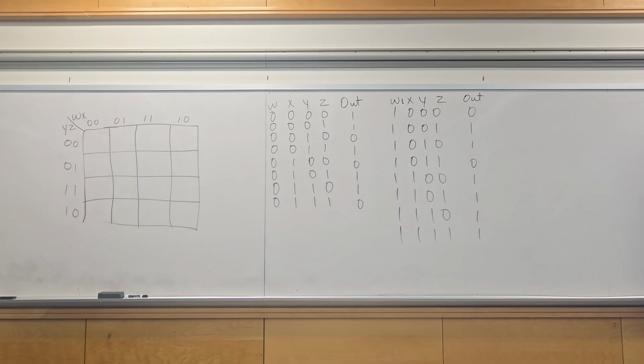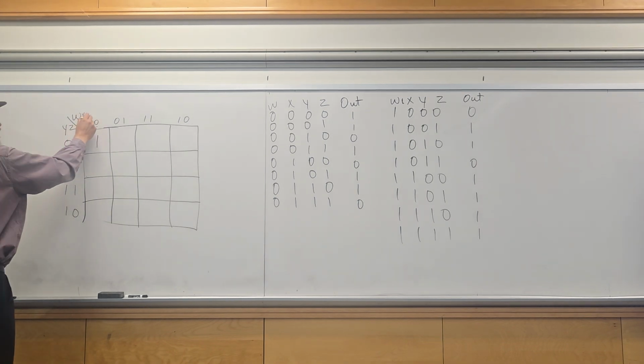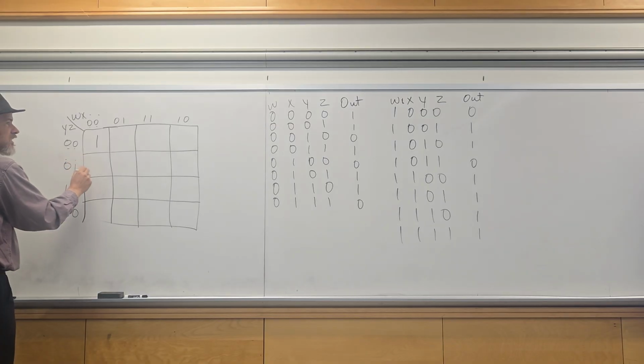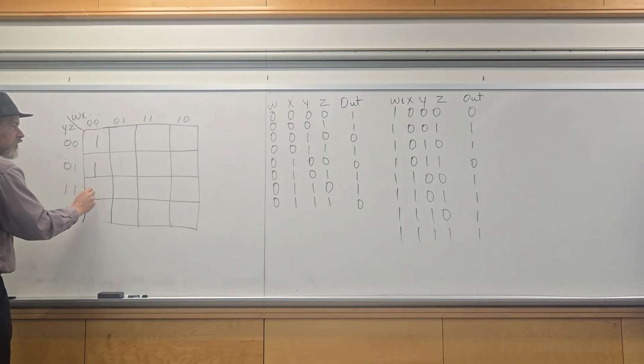So where your one outputs are going to be? 0, 0, 0, 0 is a 0. 0, 0, 0, 1 is going to be a 1. 0, 0, 1, 1 is going to be a 1.